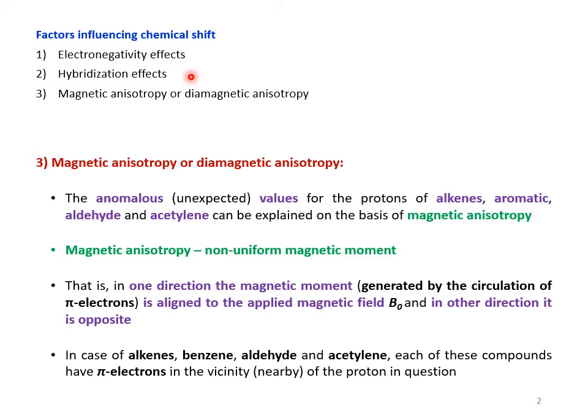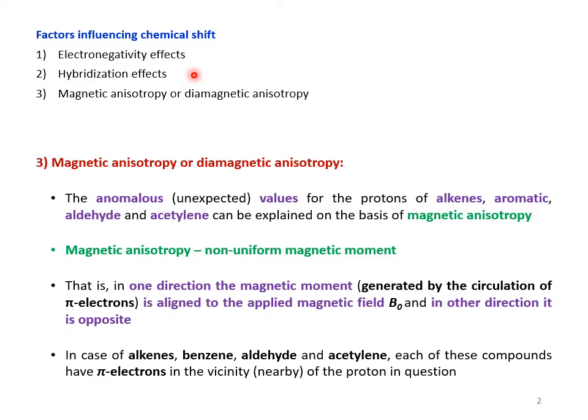So by looking into this trend of electronegativity, one would expect that the protons of an sp hybridized carbon atom should show higher delta values than those of an sp2 hybridized carbon atom. However, we got an unexpected result for the delta values of the protons attached to the sp hybridized carbon atom.